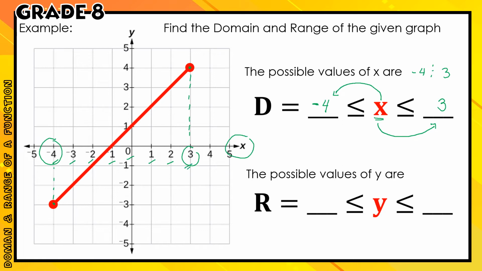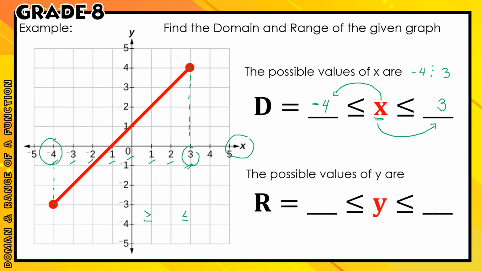Ibig sabihin, hanggang 3 lang. Kung mapapansin mo, dahil shaded ang endpoints na ginamit, ang ginamit natin ay ang mga symbol na greater than or equal to at less than or equal to. So the domain is x is greater than or equal to negative 4 but less than or equal to positive 3.